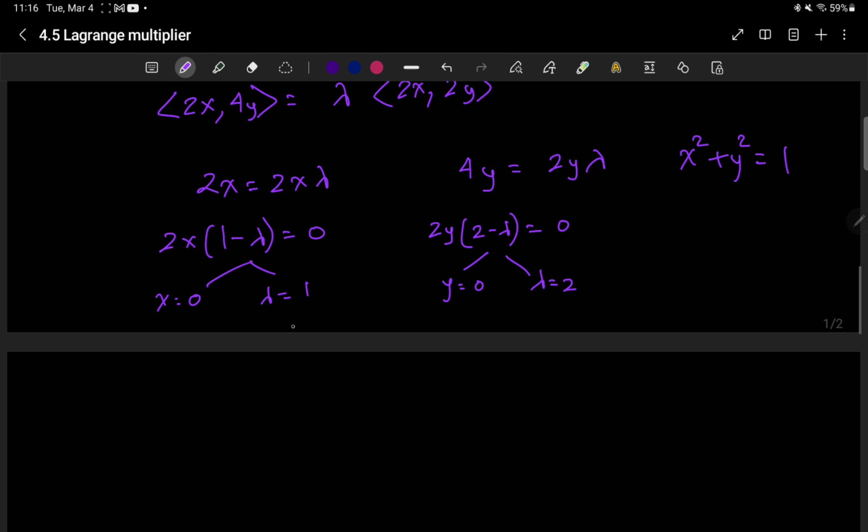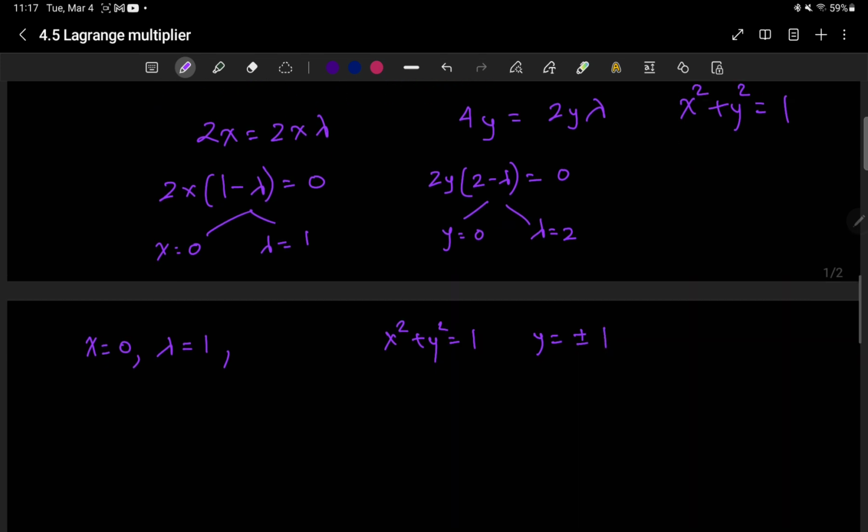If x equals 0, then x squared plus y squared equals 1 gives y equals plus or minus 1.